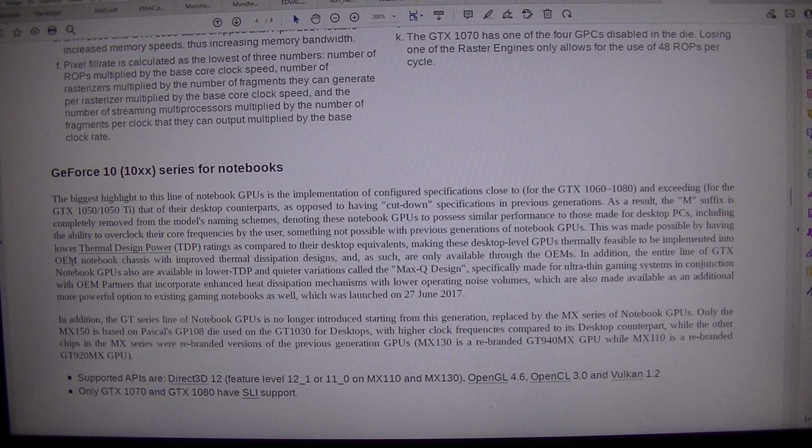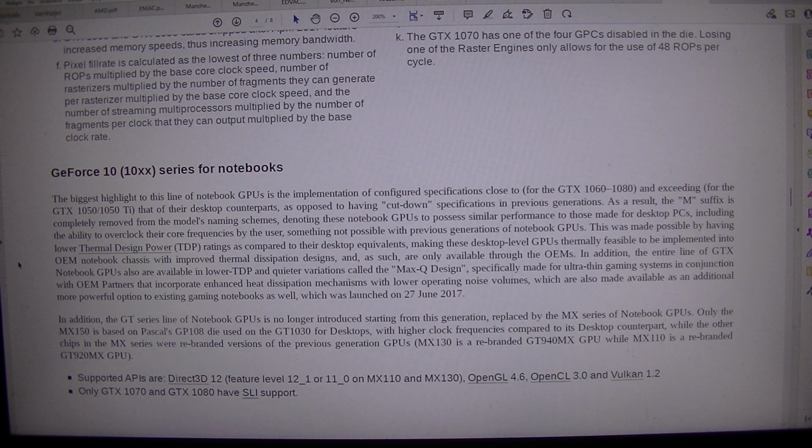As a result, the M suffix is completely removed from the model naming schemes, denoting that these notebook GPUs possess similar performance to those made for desktop PCs, including the ability for the user to overclock their core frequencies, something not possible with previous generations of notebook GPUs.